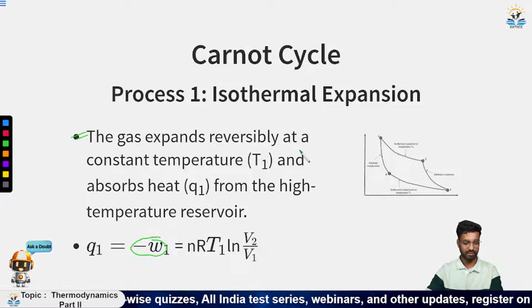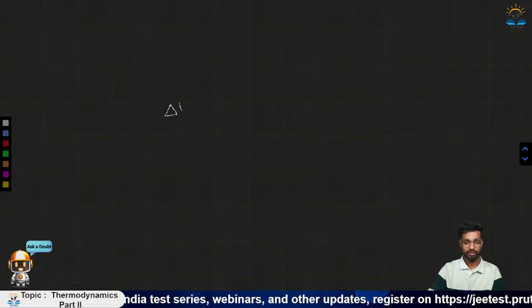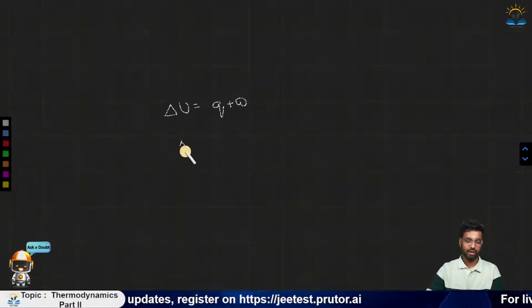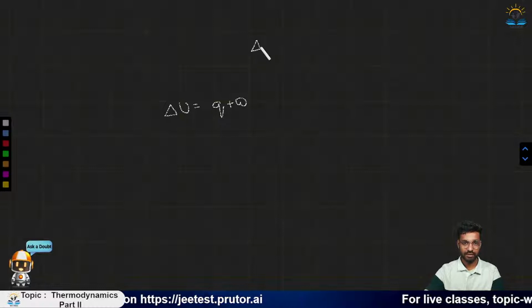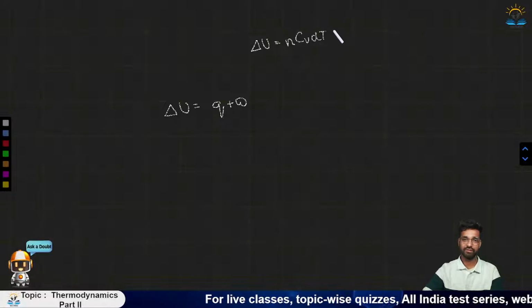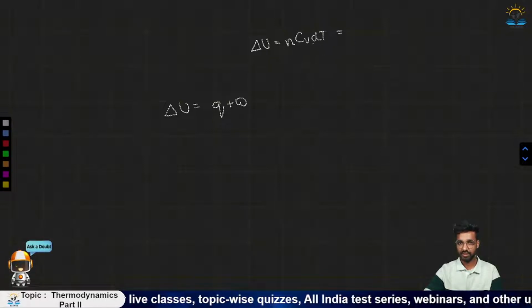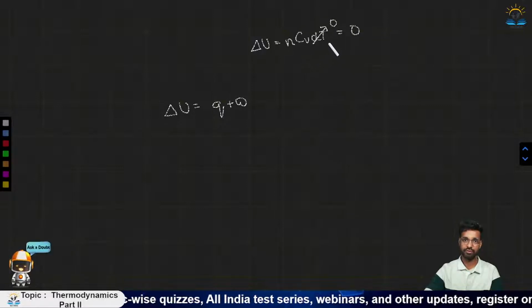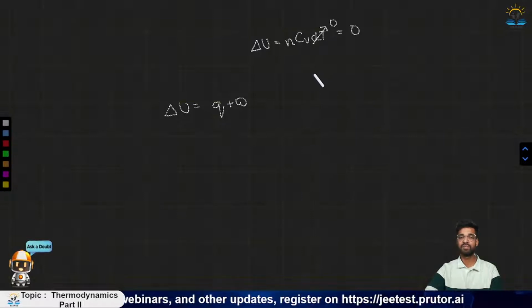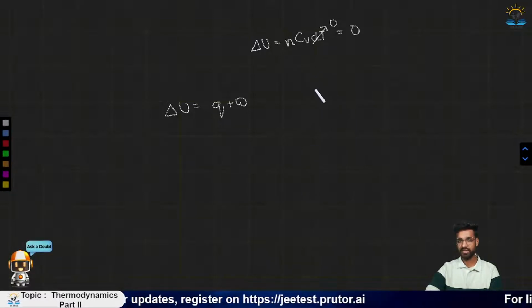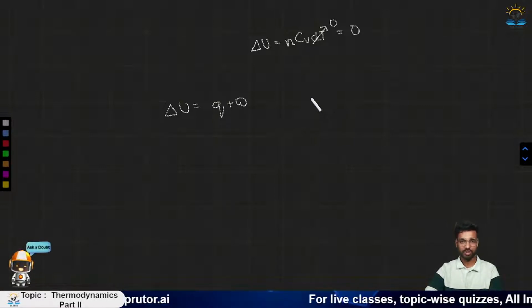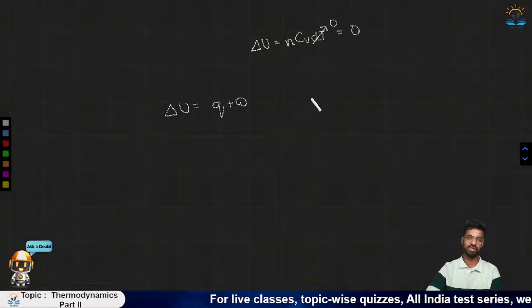From the first law, delta U is equal to Q plus W. Since the process is isothermal, delta U equals nCv dT, which is 0. One more important thing is that all the processes in a Carnot cycle, whether adiabatic expansion, adiabatic compression, isothermal expansion or isothermal compression, are reversible. So we will always calculate for the reversible case.